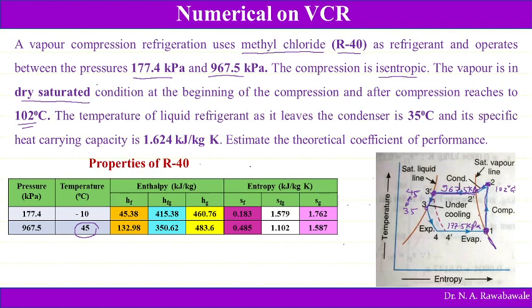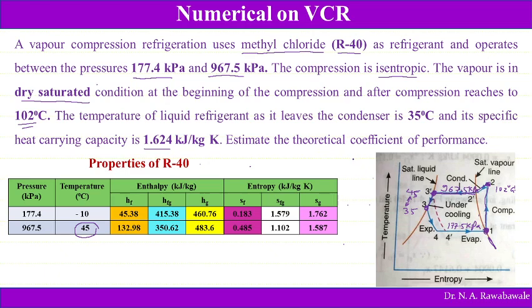So as the refrigerant gets condensed into the liquid state, it is not immediately passed into the throttling valve; it is subcooled, and afterwards it is passed into the expansion valve. So this subcooling is 10 degrees Celsius. Then the specific heat, that is Cp, of the refrigerant is 1.624 kilojoules per kg Kelvin. Estimate the theoretical coefficient of performance.